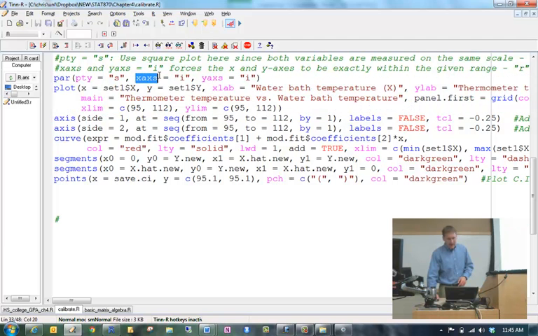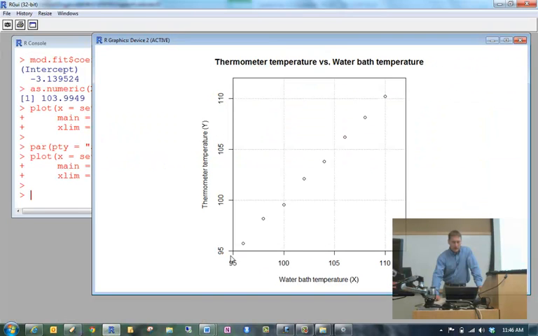The xaxs argument, I give it a value of i, and that tells R that you want to specify the axes to start and end at exactly where you say. So notice here for my xlim argument, I specify 95 to 112, and 95 to 112.